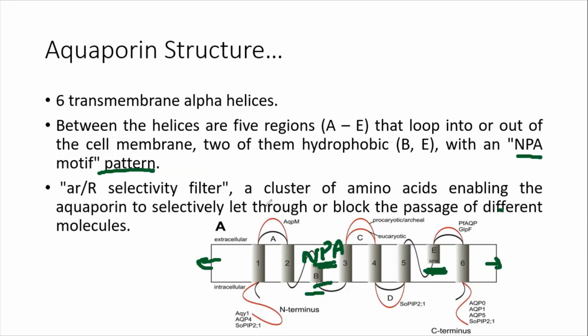So what is happening is that with the help of the NPA and aromatic arginine, they allow the passage of water. Can you remember this much? That it is made up of 6 transmembrane alpha helices and they have got 5 regions A to E, of which helices B and E are completely hydrophobic and they have got the NPA motif. So just now remember this much.